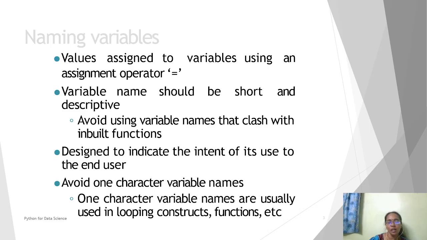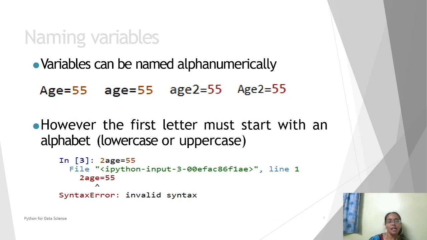How are we going to assign? With the help of the assignment operator, the equal to symbol, like age equal to 55. Whether it is a small letter or uppercase or lowercase, whatever, it will accept. But when we assign a variable whose first character is numeric, it won't accept. The variable can be alphanumeric, but we cannot use a number before the alphabet.